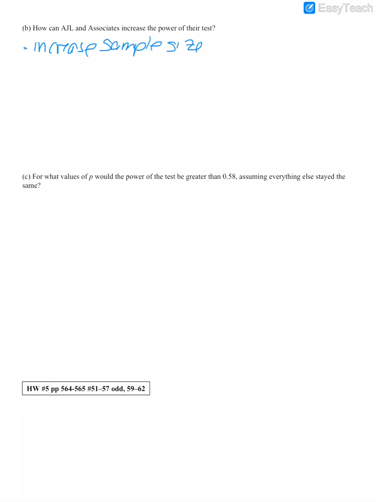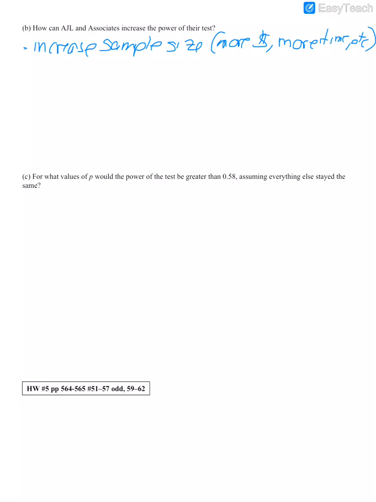But the downfall to that is whenever you increase sample size, it's going to take more time and it's going to cost more money. So just keep that in mind. So it costs more money and it takes more time, and there may be other pitfalls to that.